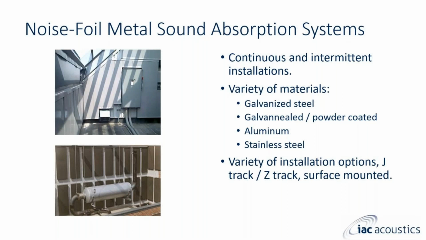We can also supply, in addition to the panel system, a variety of mounting details: Z-track, J-track, standoff mounts, and stainless steel mounting clips. The attachments and fasteners can also be powder coated to match the panels.